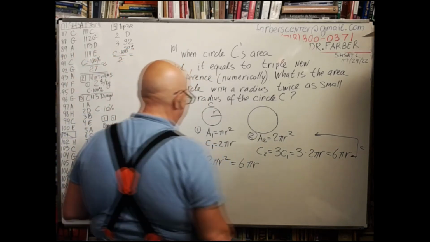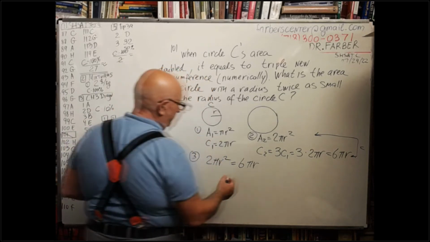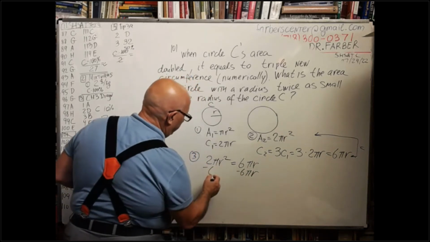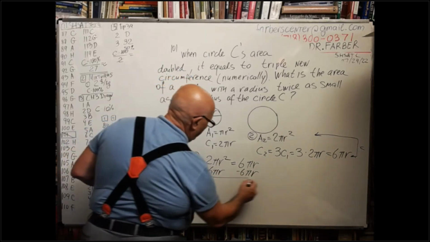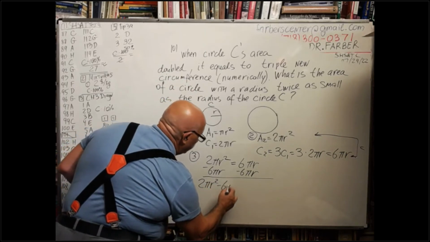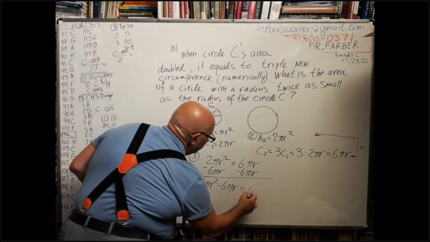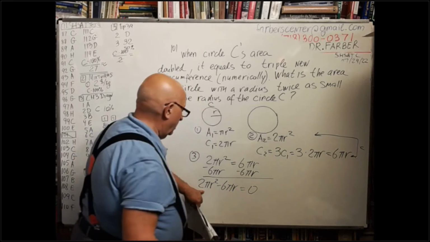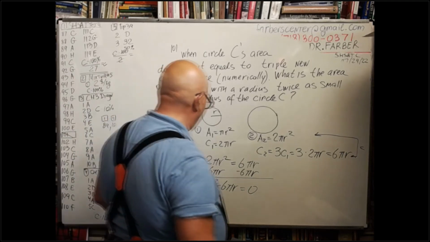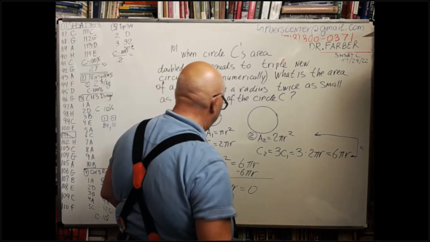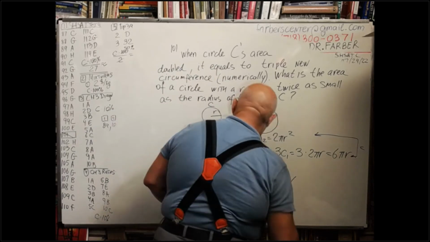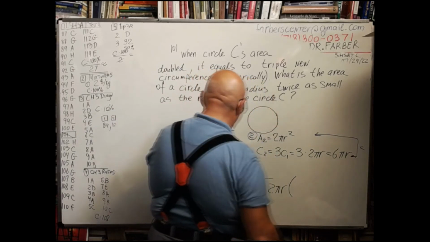Okay, how to solve this? We did it many times. Minus 6 pi r on both sides. We have 2 pi r squared minus 6 pi r equals 0. Or I can factorize, putting 2 pi r outside the parentheses. And what is left?